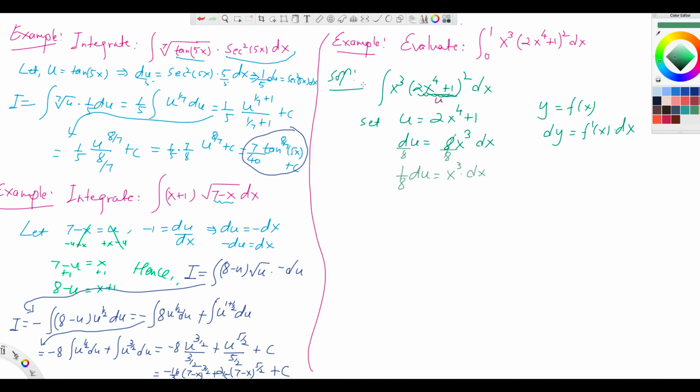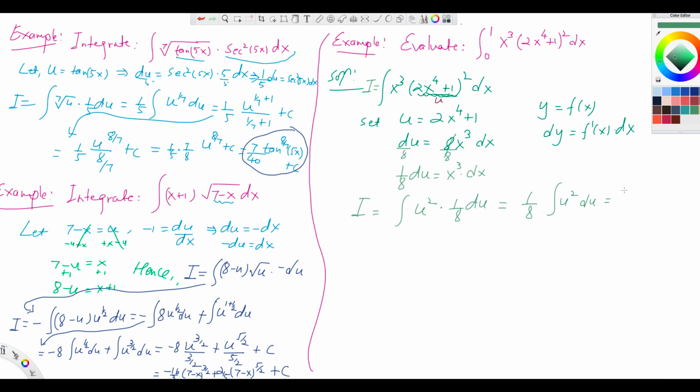So here, what is the integral? Let's say this is I. The integral I equals, I can write u to the square, because that was u to the square, and x cubed times dx is 1 over 8 du, right? So I can pull that 1 over 8 out, and then I get u squared du. You see that?